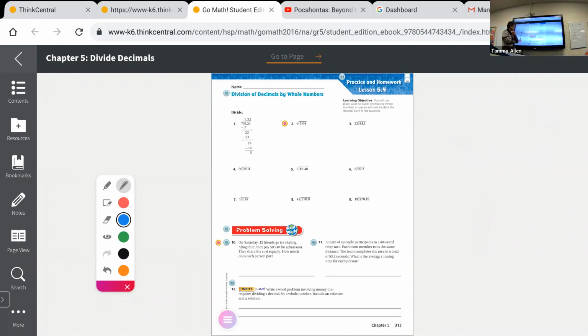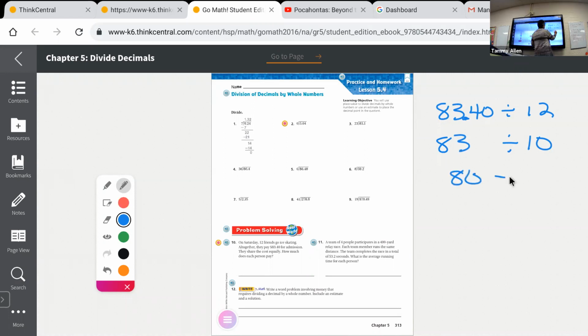Number 10. 12 friends went ice skating. They paid $83.40. They shared the cost equally. About how much did each person pay? We had $83.40, and we were dividing it by 12. This is close to 10. What multiple of 10 is close to 83? 80. 80 divided by 10 would give us 8.